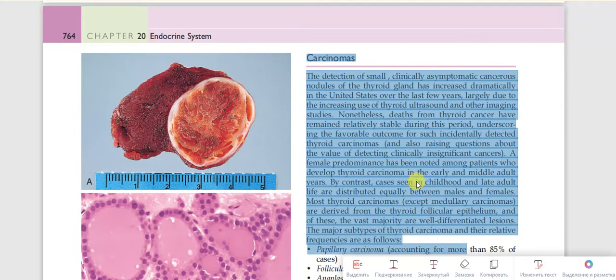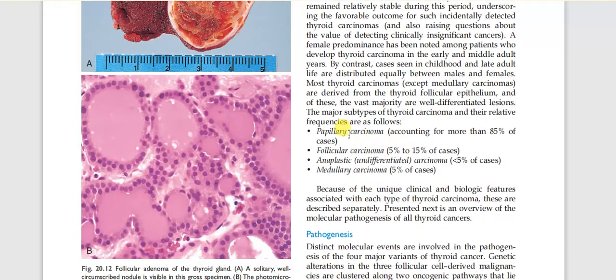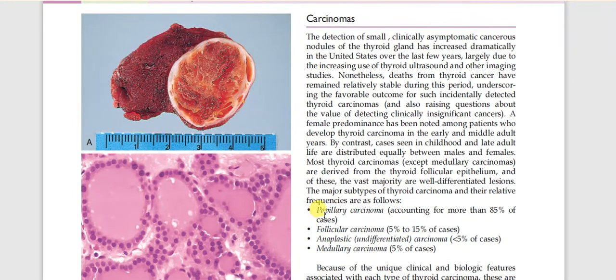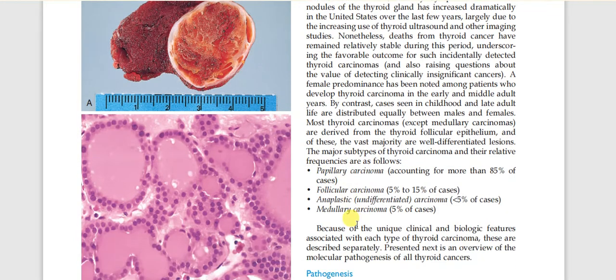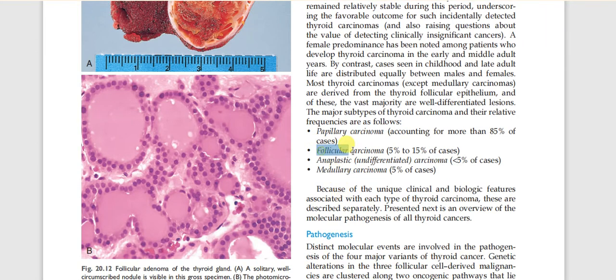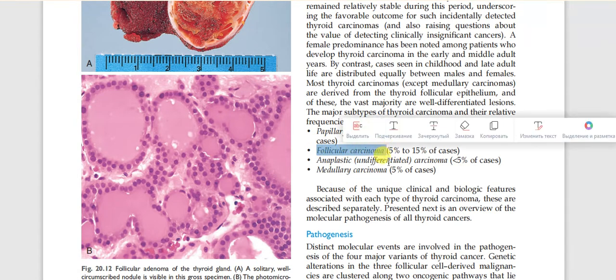Carcinomas are very rarely found in thyroid glands. But if we have them, most commonly it's papillary carcinoma, which is present in 85 percent of carcinoma cases. Then follicular carcinoma, much more rare, 5 to 15% of cases.